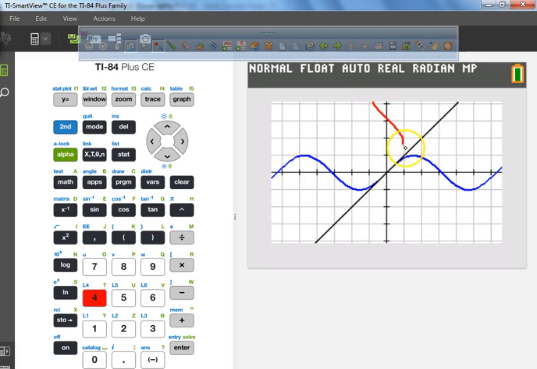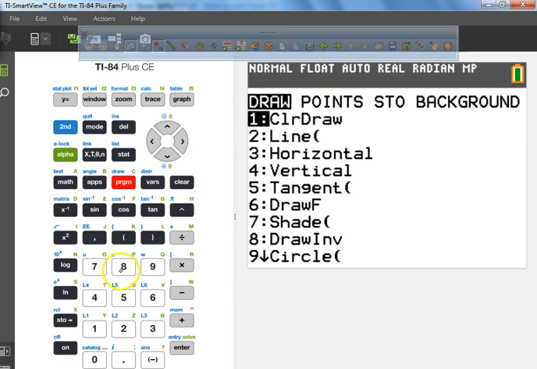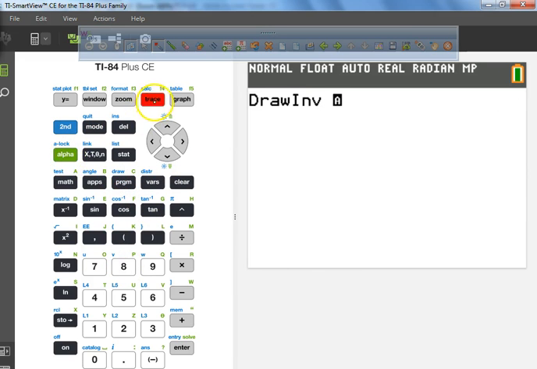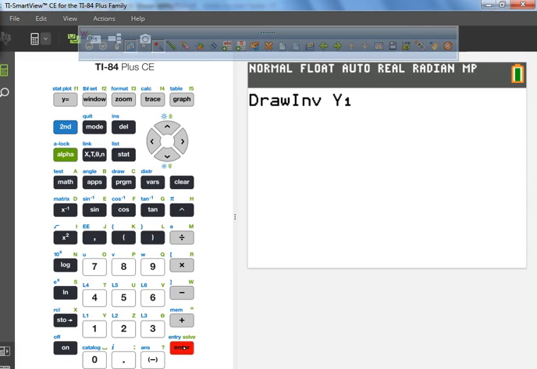So you see how this graph, it just stops. But if you wanted to check to see if you actually found the correct inverse, if you're like, I'm not sure if that's correct or not, here's what you need to do. I'll clear this out. Second program, number 8, alpha trace number 1. And you can see the inverse.